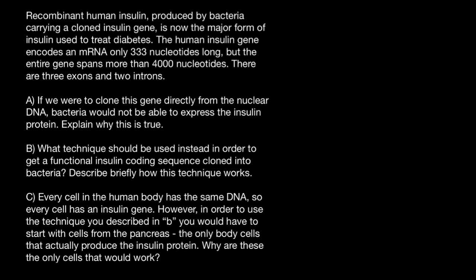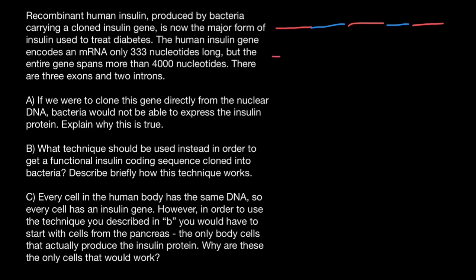In your textbooks, usually you can find a picture like this. This is exon, this is intron, this is exon again, intron, and exon. So according to our problem, this gene consists of 3 exons and 2 introns. But in reality, most genes look like this.